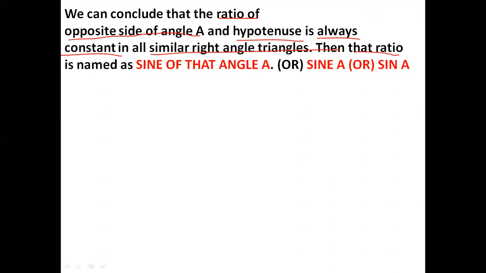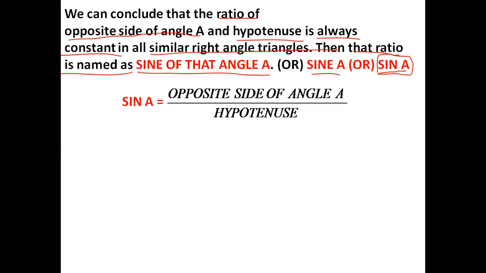Then that ratio is named as sine of that angle A, or simply write sine A, not sin, sine. Read as sine A. So sine A is equal to the ratio of the opposite side of angle A and hypotenuse.